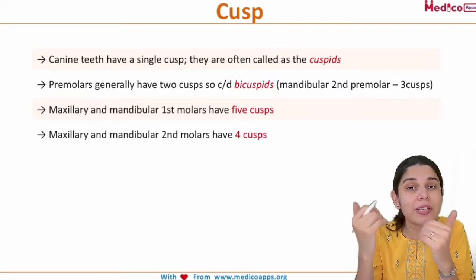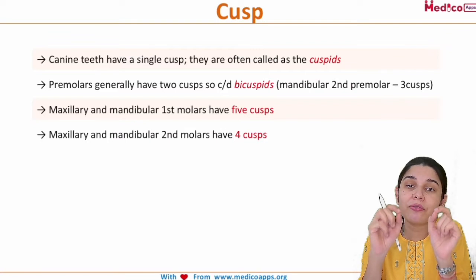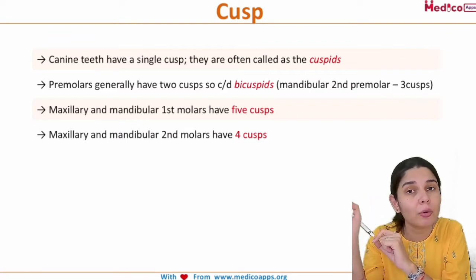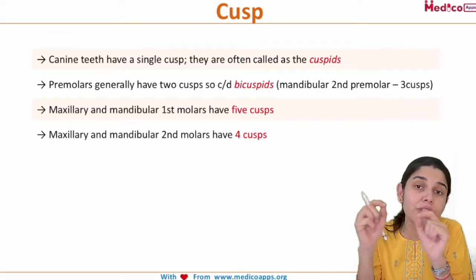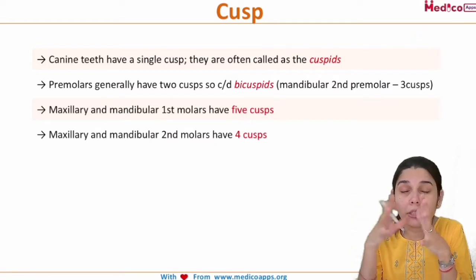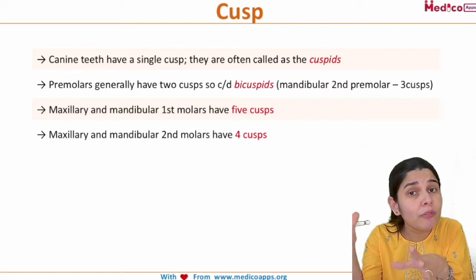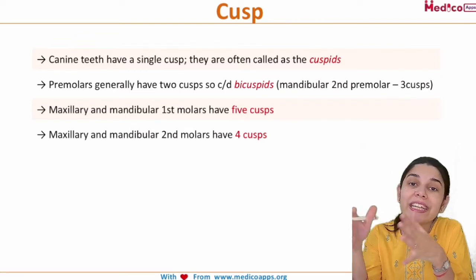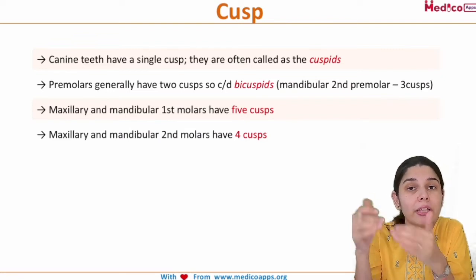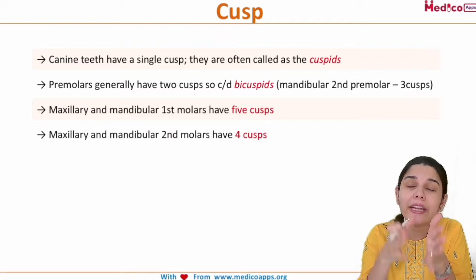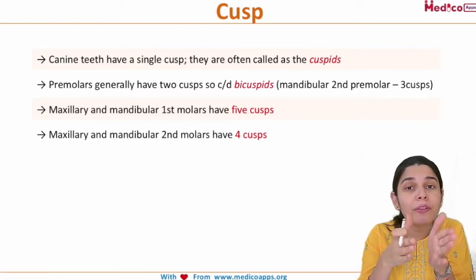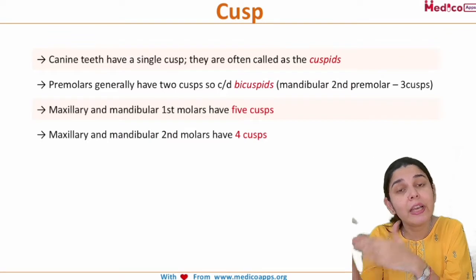Now, if I am saying that there is an elevation which is present from the canine portion till the third molar, how many elevations will you see in different teeth? Definitely, there will be different numbers of elevations which you can see in each of the teeth, depending on the maxillary and mandibular and definitely moving from canine to the third molar.